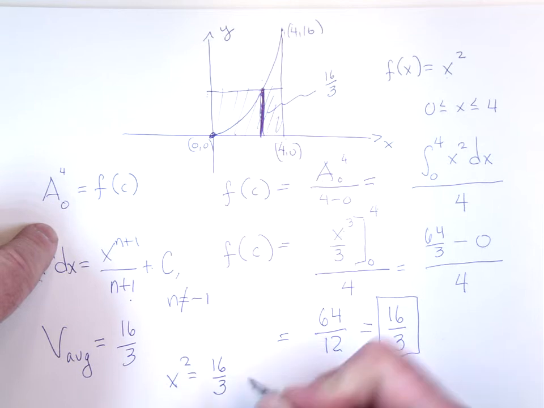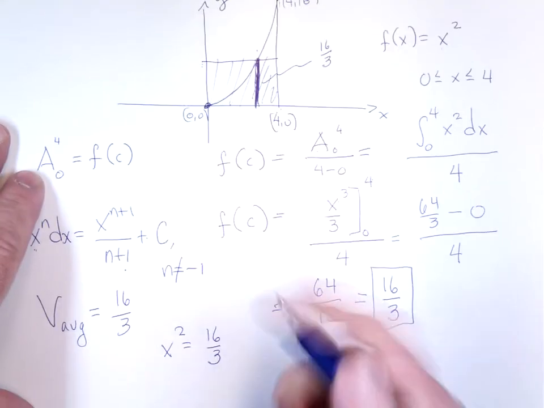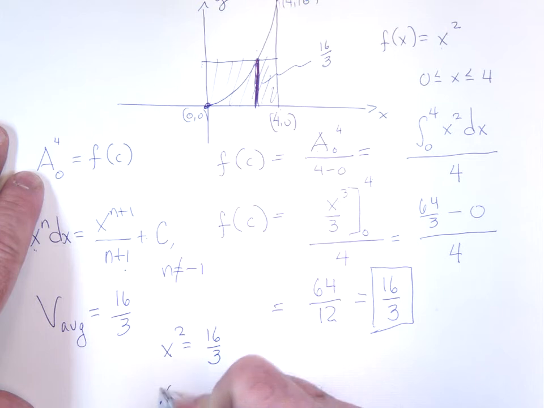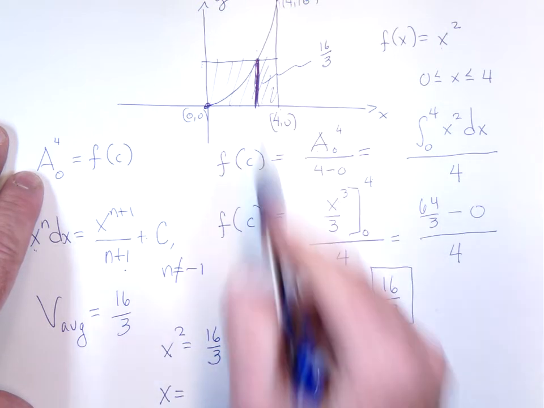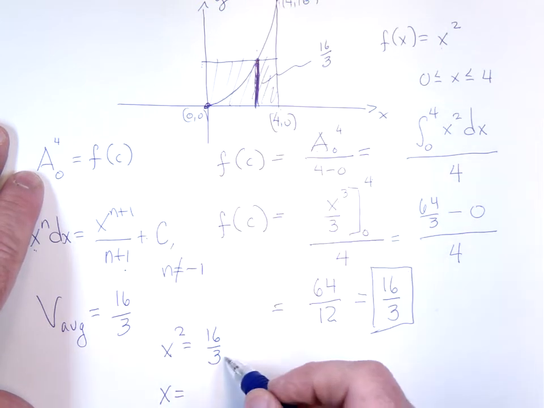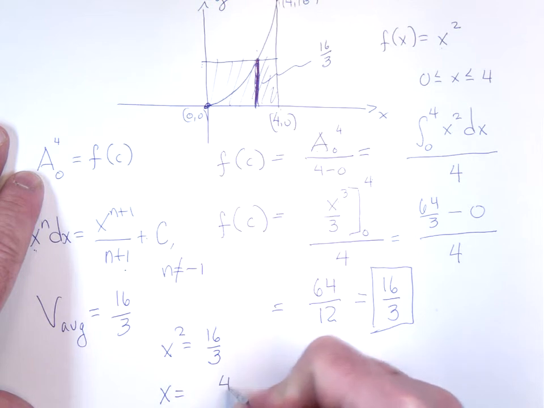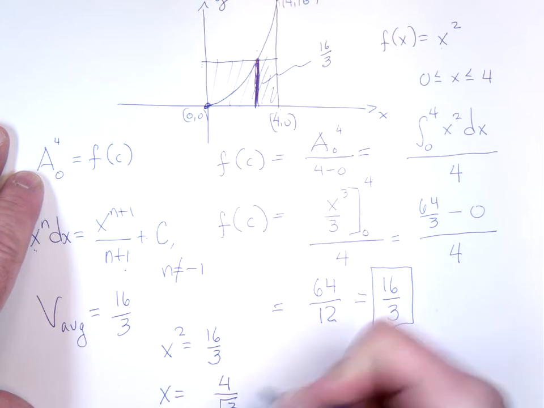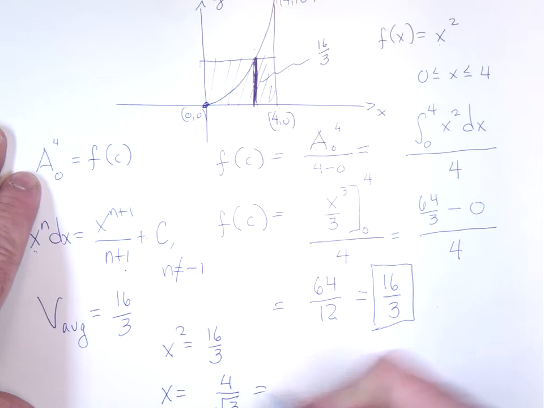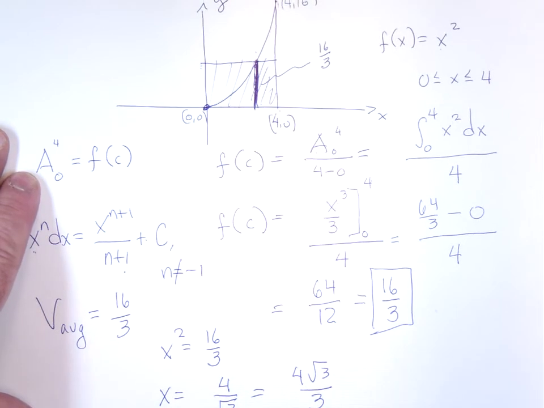Take the square root of both sides. So x is equal to, now we've got 2 values, but we are only concerned about 1. The square root of this, which would be 4 over square root of 3. And you could rationalize it: 4 square roots of 3 over 3, let's say. That is this point right here.